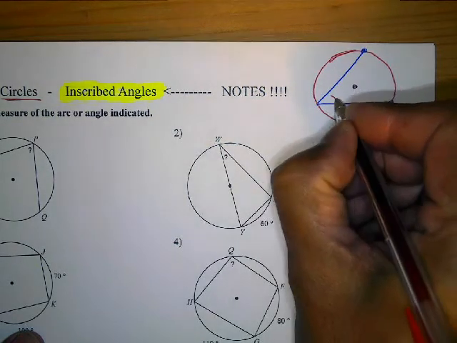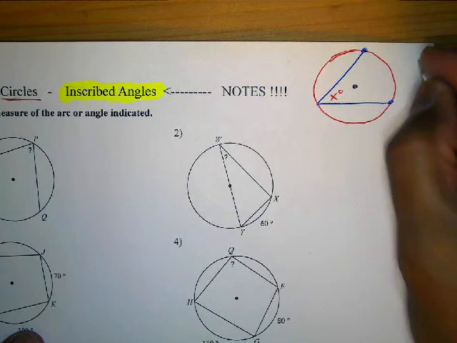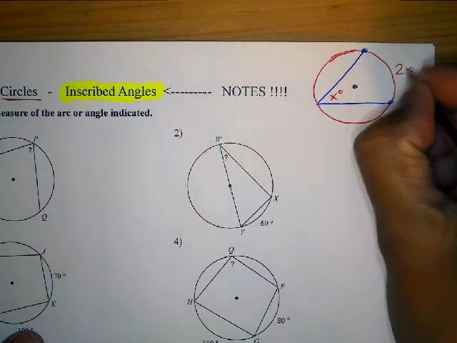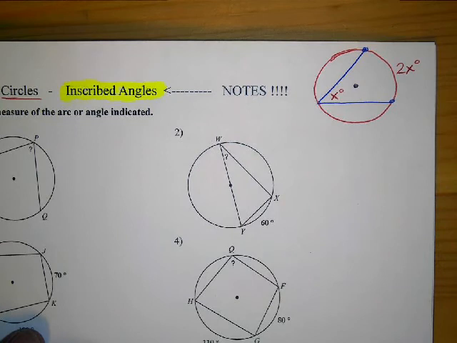So if this is x, this one would have to be what? Double of x, or twice of it. Two times x. That's what we learned from the first video, right?